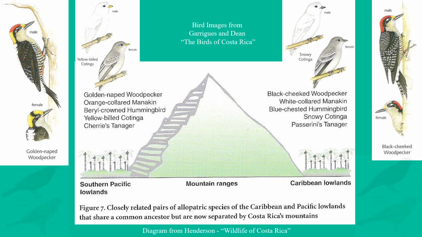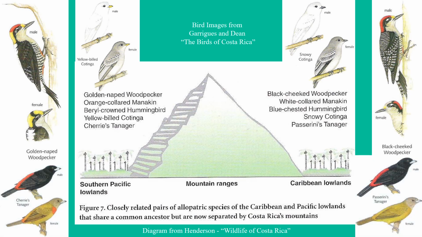Now, the ones at the bottom, the Sherry's tanager and the Passerini's tanager are two subspecies of these. Ornithologists have gone back and forth. At the time of the printing of this book, they were two separate species.